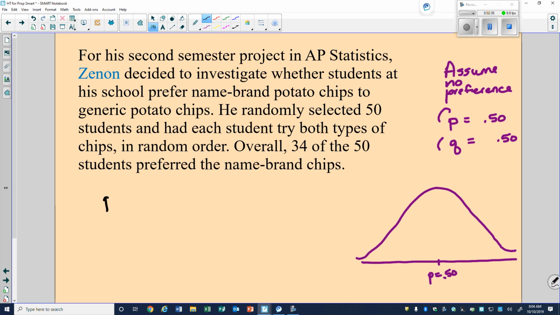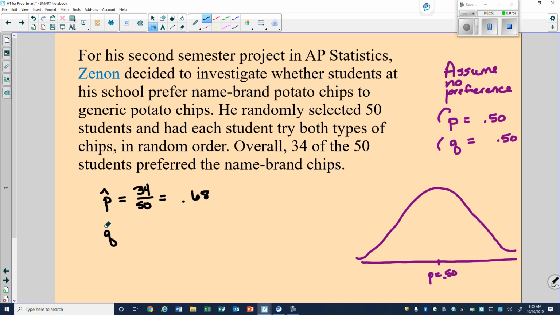So what I got in my sample, we'll call it p hat because it is from a sample and not the true proportion. I got 34 students in my sample out of 50 that liked that name brand potato chip. And when I do 34 divided by 50, it gives me 68% who preferred the name brand.